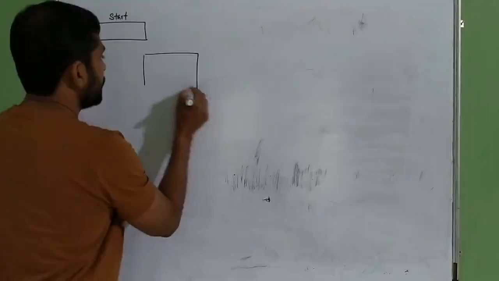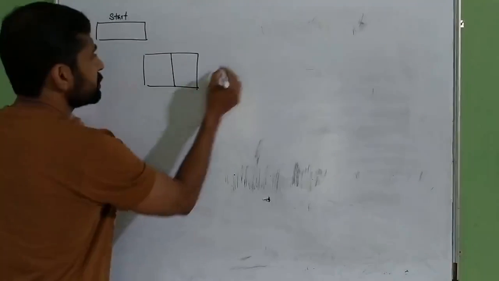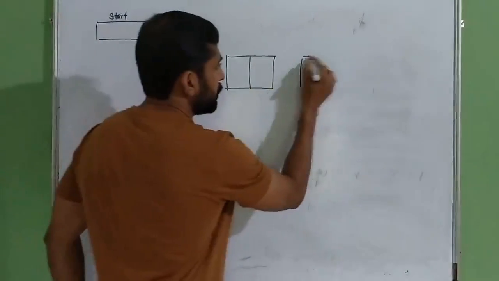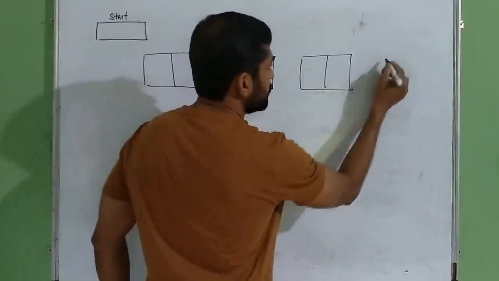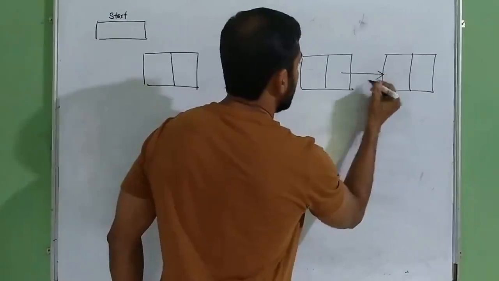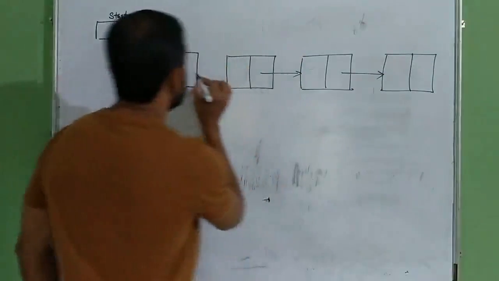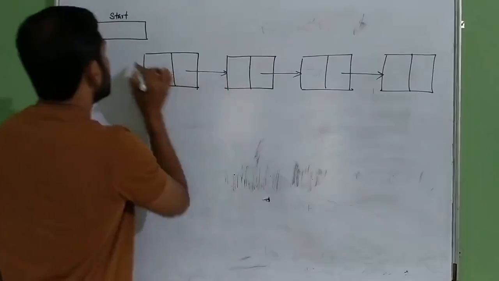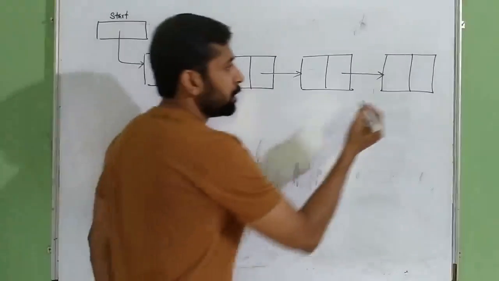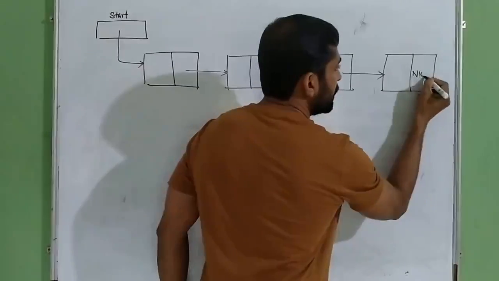Then we have nodes like this, connected nodes or linked nodes. This is the diagram for a linked list.